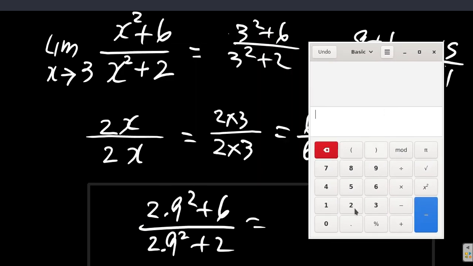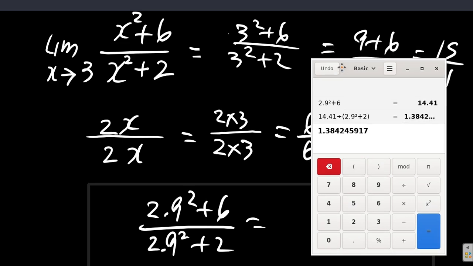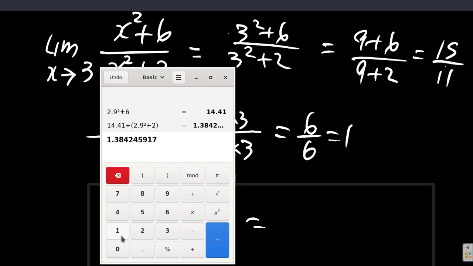So in this case, 2.9 squared plus 6 is 14.41 divided by open bracket 2.9 squared plus 2 close bracket equals 1.384, and 15 divided by 11 should be close to it, 1.36 something, close. Alright, so the limit is 15 divided by 11, not 1.